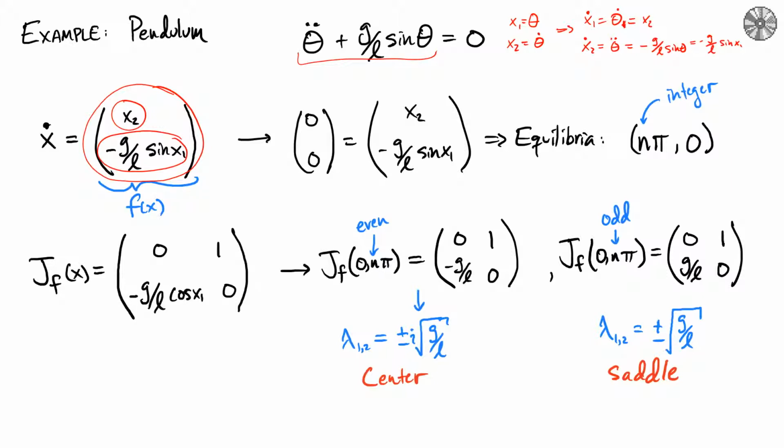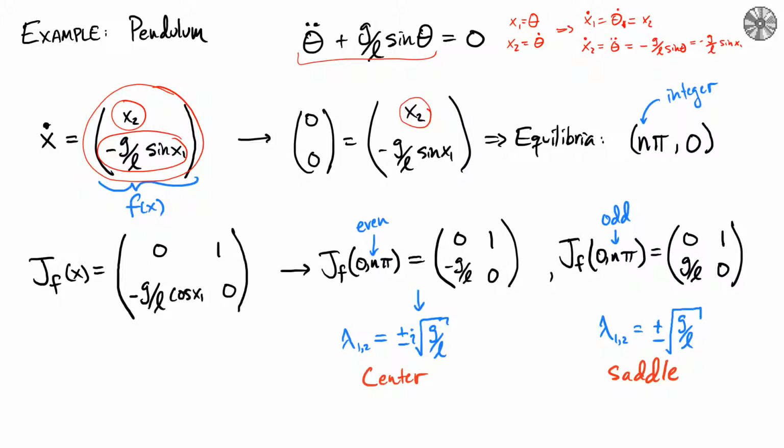Our first step is to identify where the equilibria are, and that's where x dot is equal to 0. So we set f equal to 0. That happens when x2 is equal to 0 and sine of x1 is equal to 0. Sine of x1 is going to be 0 anytime x1 is an integer multiple of pi: at 0, at pi, at 2 pi, at 3 pi, and so on.